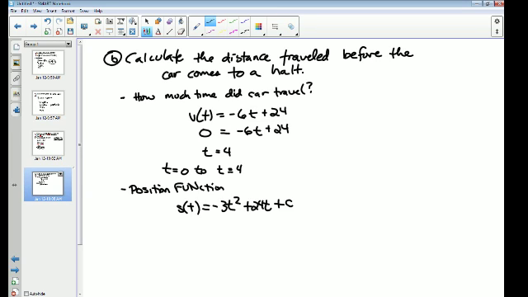Lots of different ways to explain that. So we're going to assume that the initial position is 0. That makes our calculation really easy. So that means that the constant is 0. S of 0 equals 0.